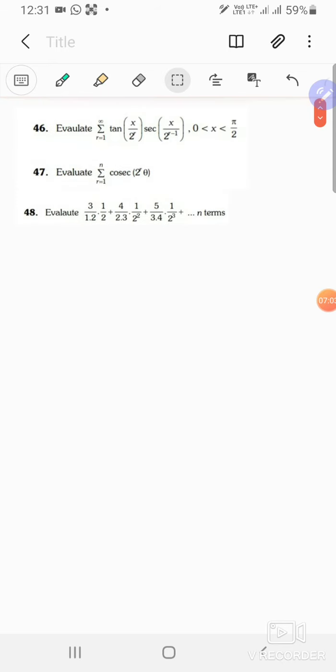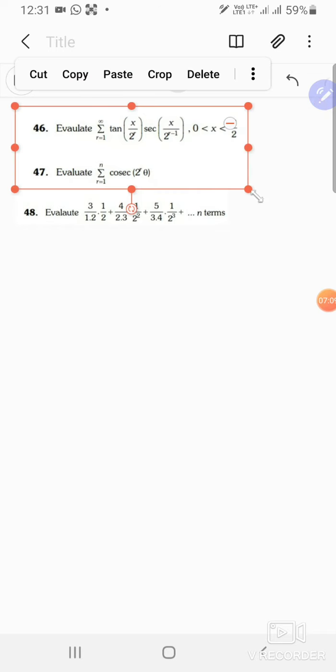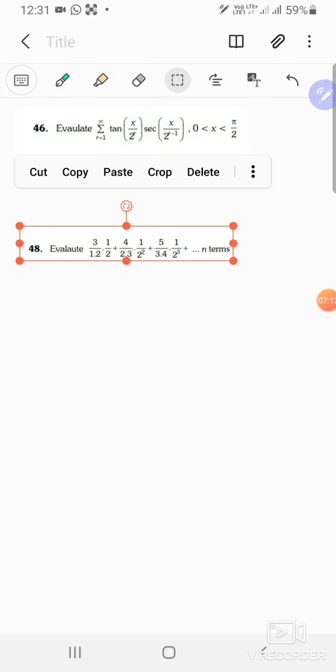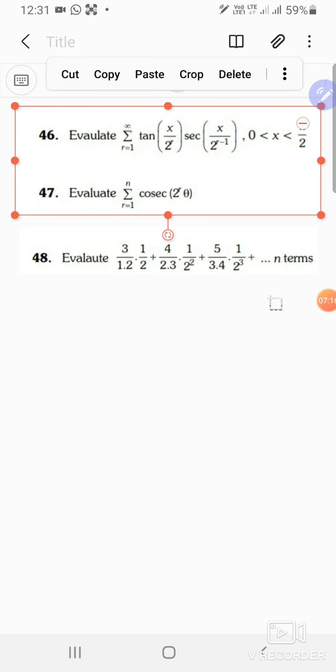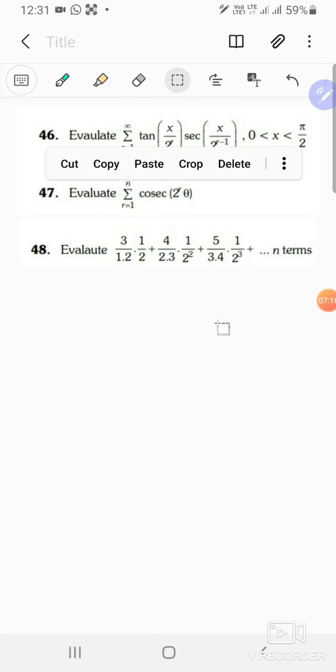Okay, so the next question is evaluate the summation from r equals 1 to n of cosec of 2 power r theta. Wait, first of all, just resize this. Maybe you can see it as well. I forgot to do that. Okay, cool. Hopefully you can see it now.